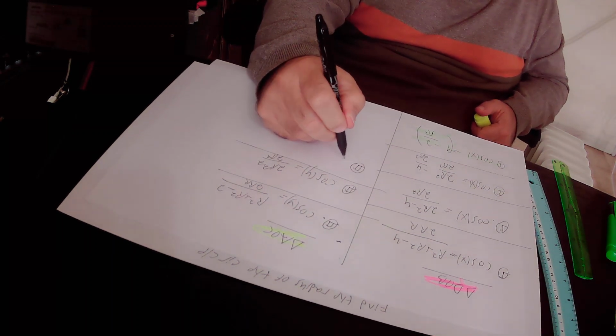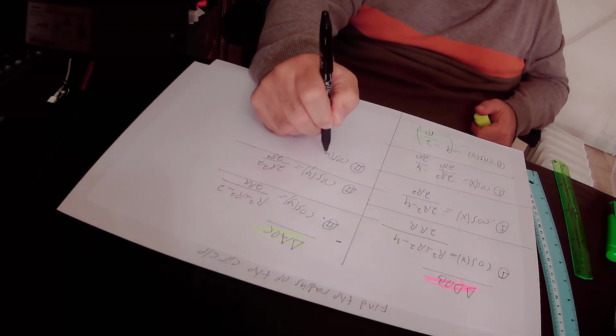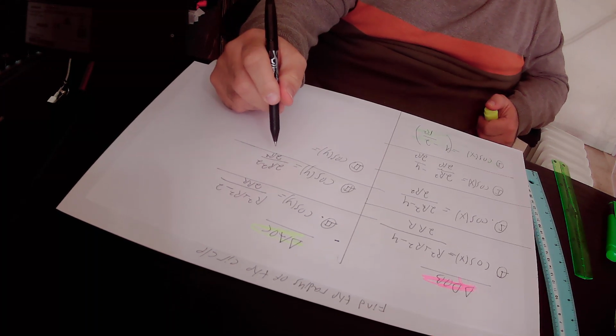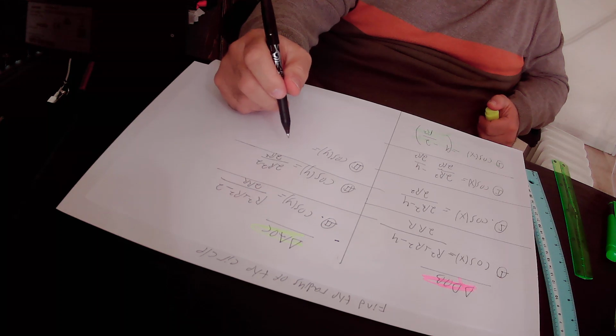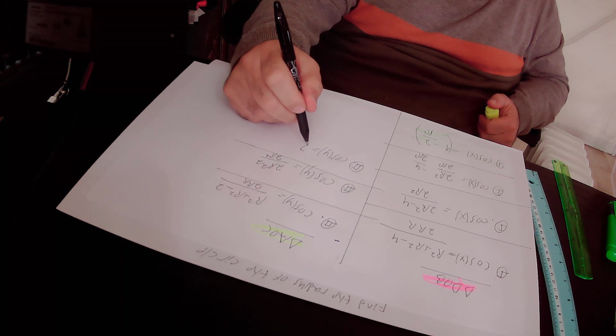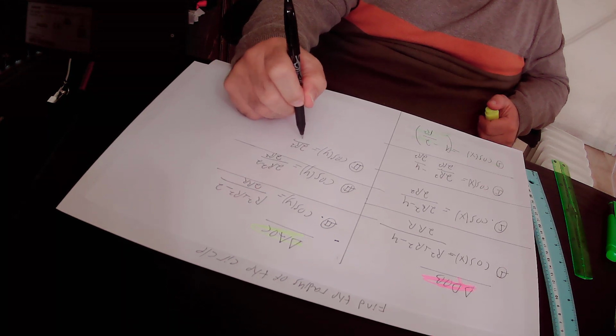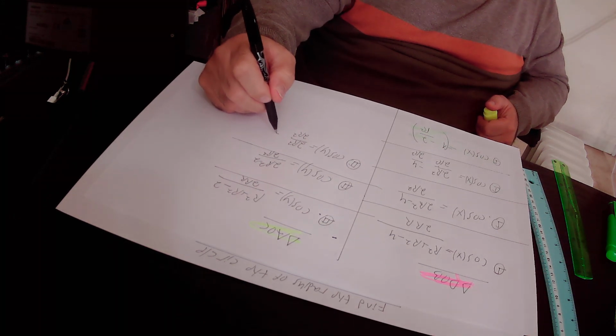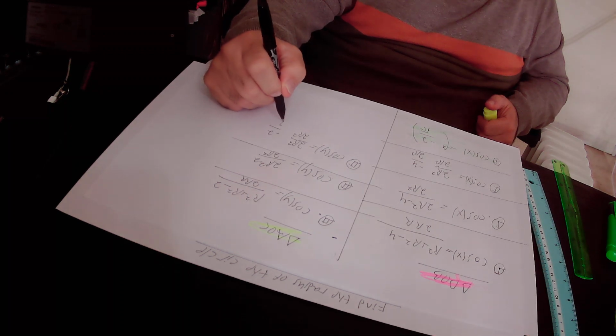So cosine y equals, we'll split this expression into two parts. The first part will be 2r squared over 2r squared, and the second part will be minus 2 over 2r squared.